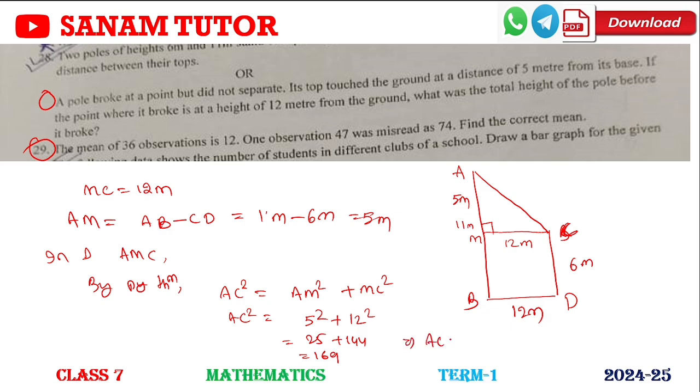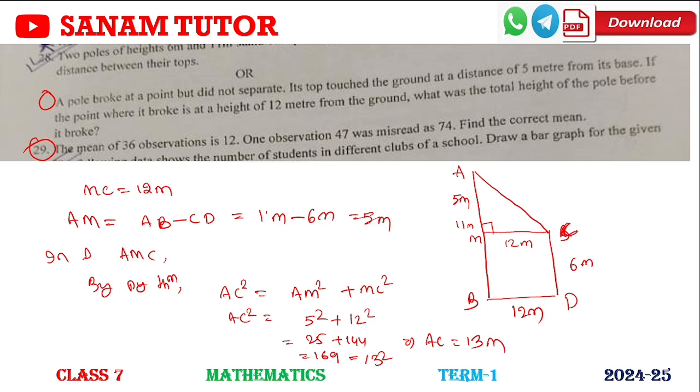So therefore AC equal to 13, because 169 equal to 13 square, so square cancel, AC equal to 13. Understand? So the question is find the distance. Yes, so AC equal to 13 meter, means distance between their poles is 13 meter.